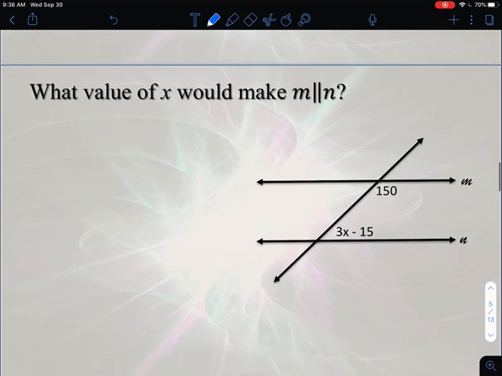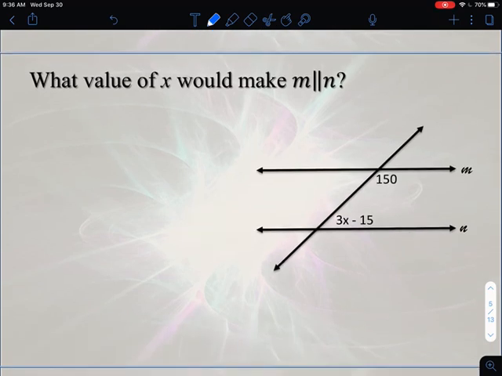Another type of problem you can expect to see would be, given a situation like this, what value of x would make line M parallel to line N? Right now, we do not know that these lines are parallel. They look like they could be. We want to know what value of x would make them parallel. Given this angle and this angle, what relationship should they have?